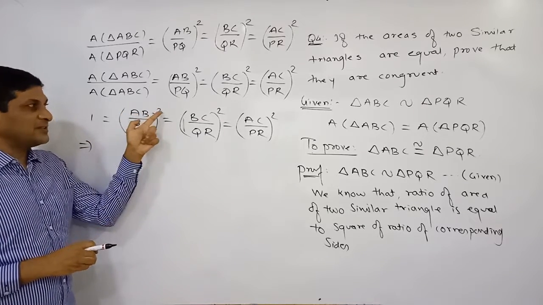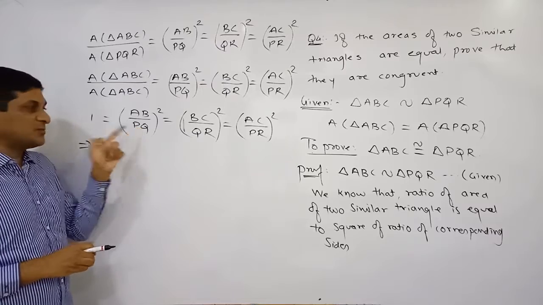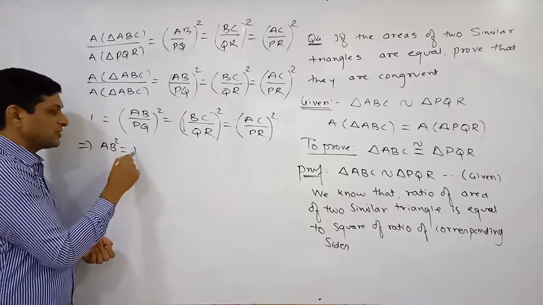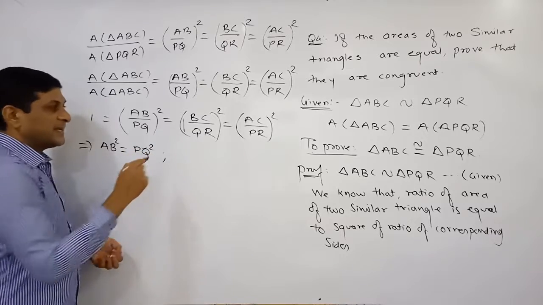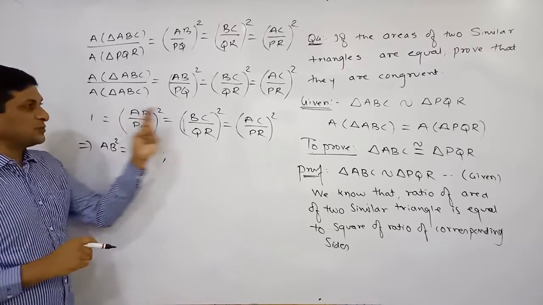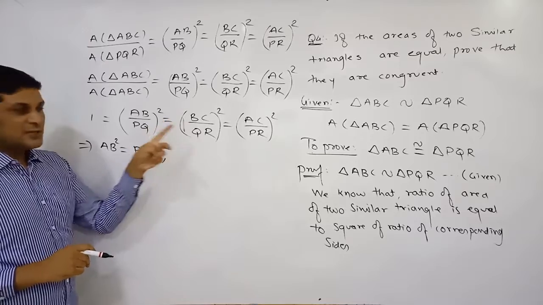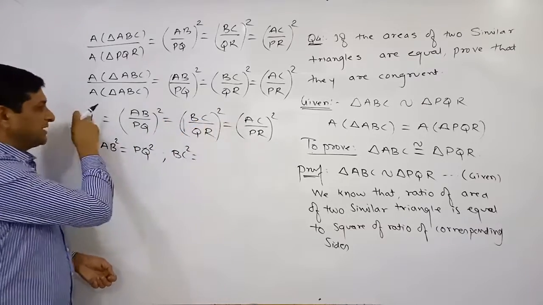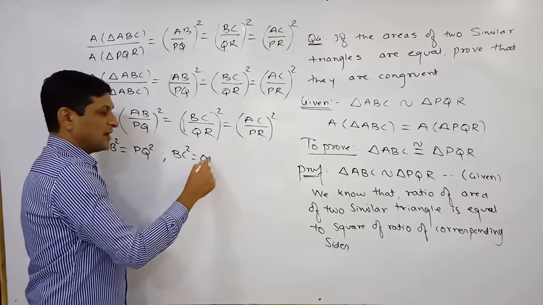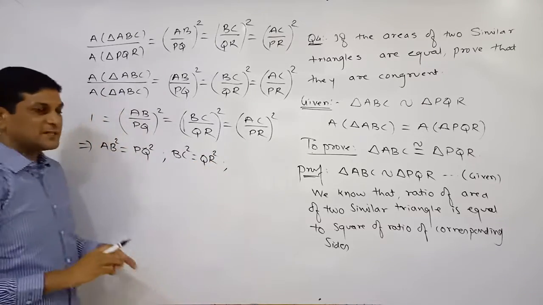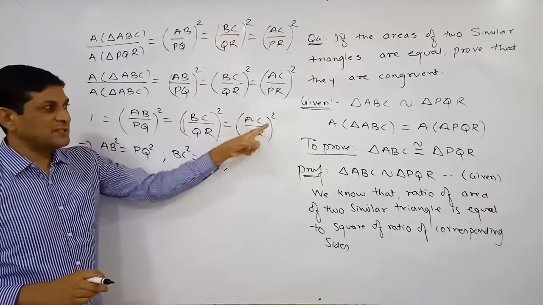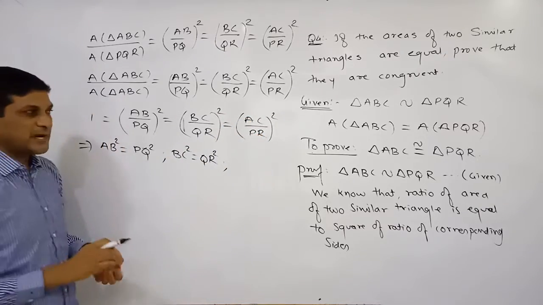AB square, and the denominator PQ square will get multiplied on this side, so we get AB square is equal to PQ square. Again, considering that these two terms are equal, BC square is equal to QR square, multiplied on this side.